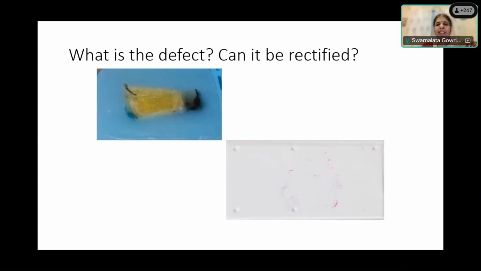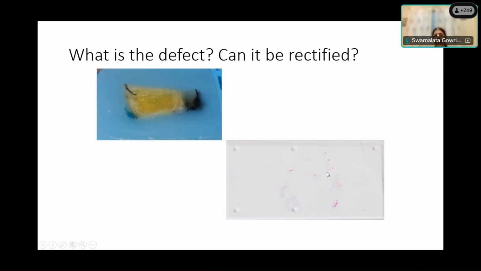Here, what is the defect? What tissue do you think this is? It's so yellow. Adipose tissue. Yeah, it is some fatty adipose tissue. Exactly. And why is there no tissue?